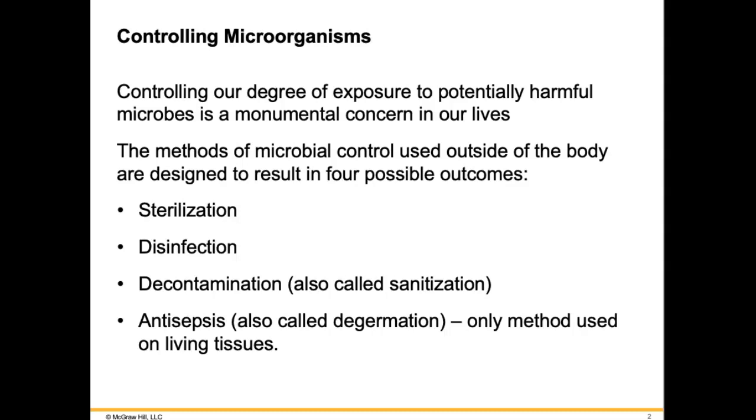Sterilization, which is by definition the removal of every viable microbe. So there's no living anything on whatever device we're talking about when we're talking about sterilization. And then there's disinfection and decontamination. Decontamination, sometimes referred to as sanitization. And then there is antisepsis.